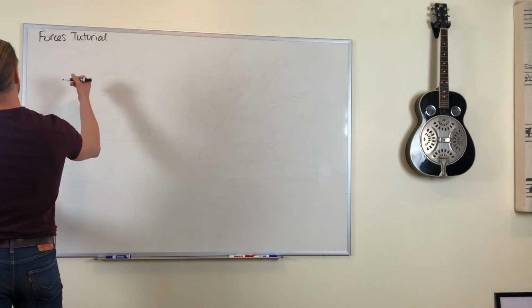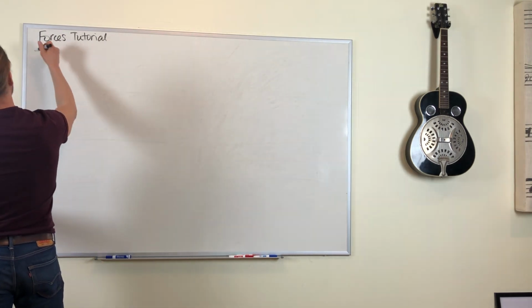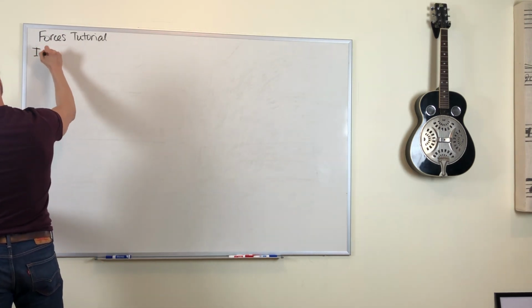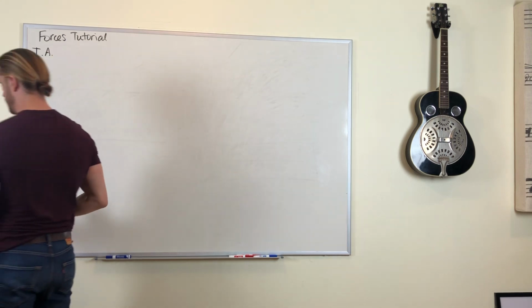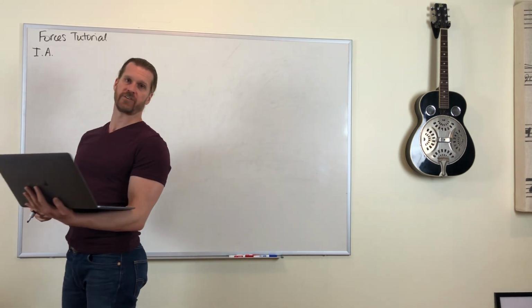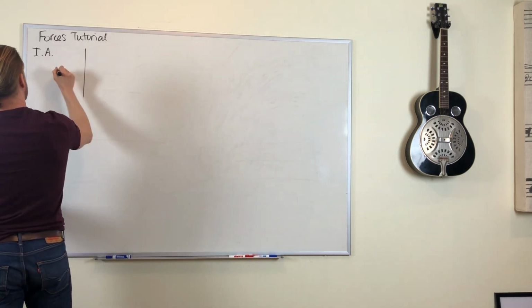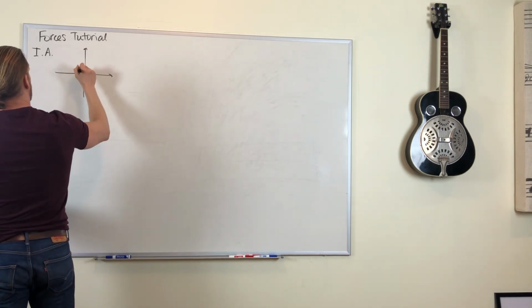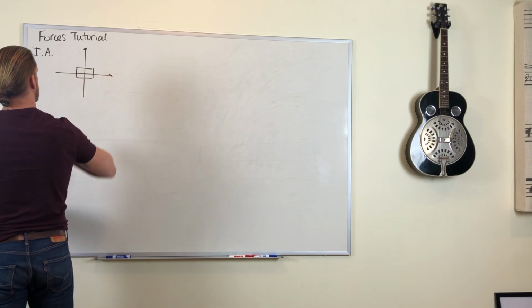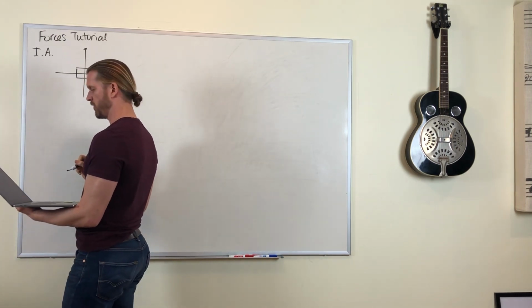So let's draw a free body diagram. That's question 1A. They're essentially asking us to draw a free body diagram. Here's the block. Now Chris is pushing to the right.